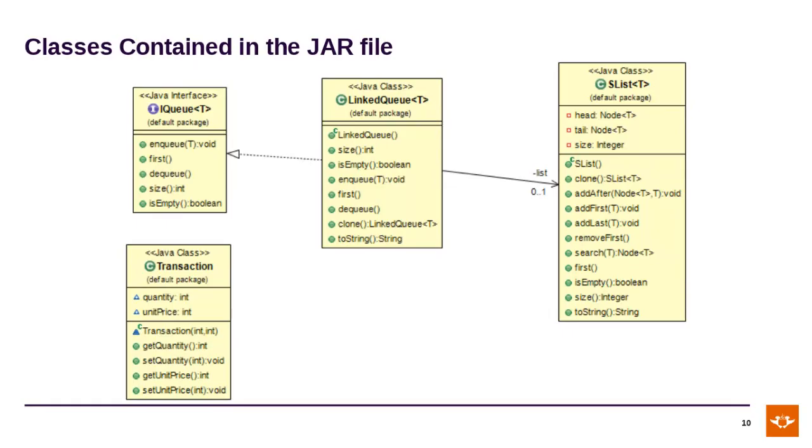So in this case, you have a jar file that contains that SList. It also has its own node class within the source file. However, you don't need to worry about that. You don't need to worry about the SList itself and its behavior. You're going to create an instance of that in your linked queue file to be able to then use the data structure to create the behavior of a queue.